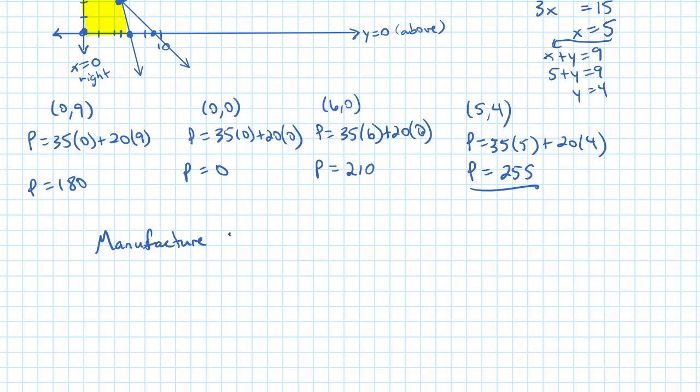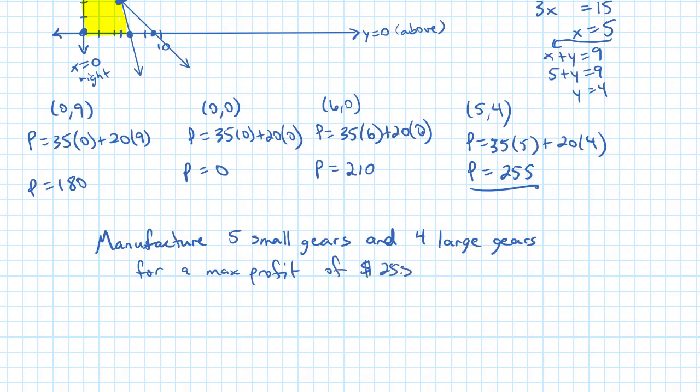So manufacture 5 small gears and 4 large gears for a max profit of $255 per day.